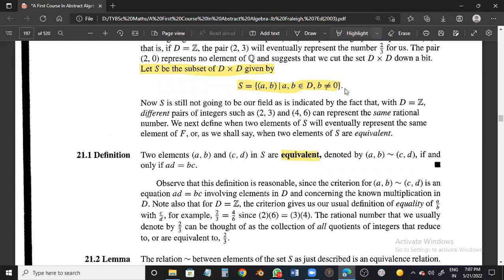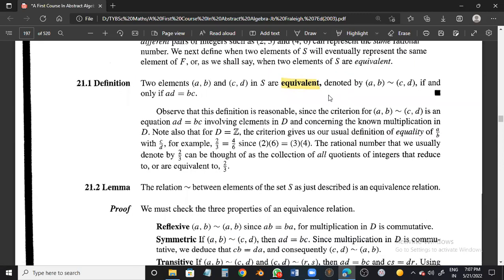Okay. Now we want to check when to say two elements are equivalent. Ordered pair AB and ordered pair CD, when will they be equivalent? We can't say equal, but we will say equivalent. So they are equivalent if the first coordinate of the first element multiplied to the last coordinate of the second element equals the second coordinate of the first multiplied to the first coordinate of the second.